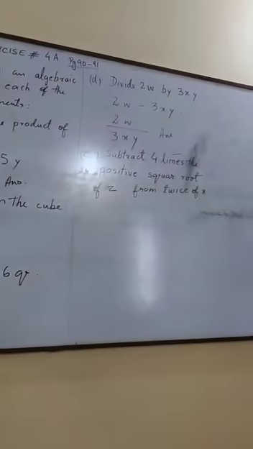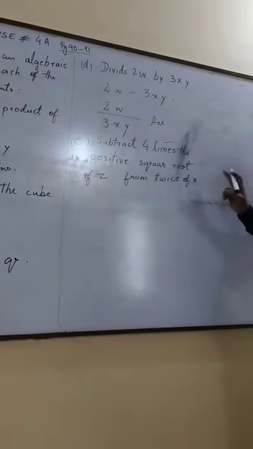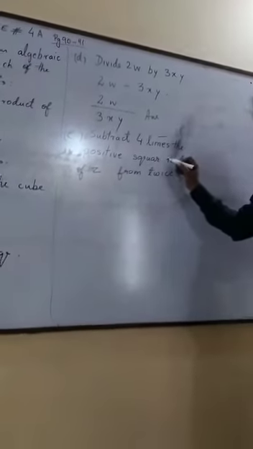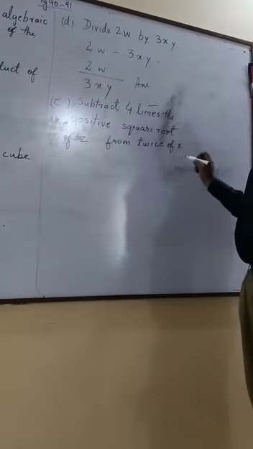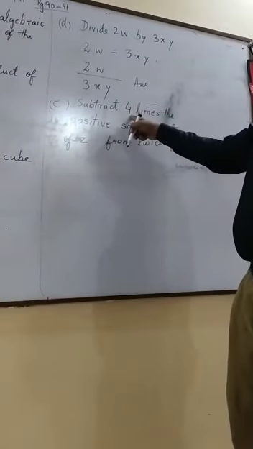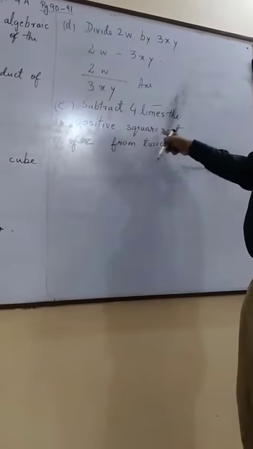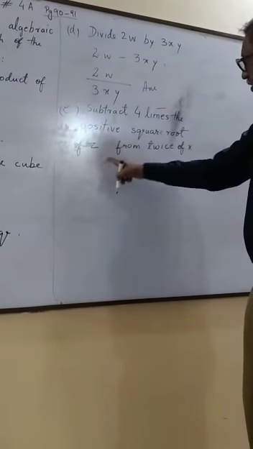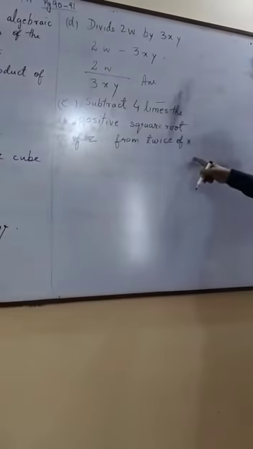Now see, this is 4 times the positive square root of z from twice of x. So we have to subtract 4 times the positive square root of z from twice x.